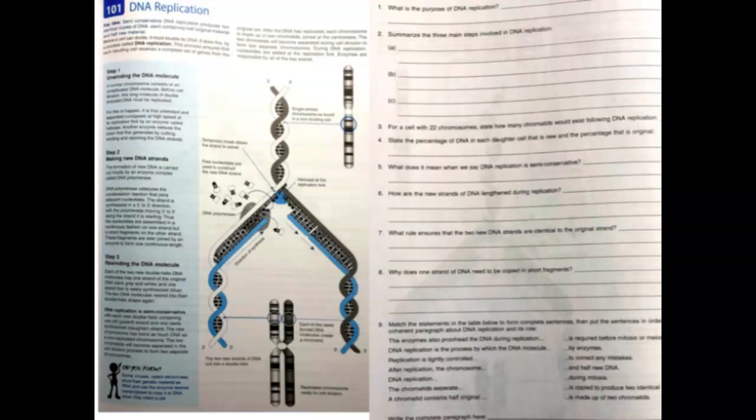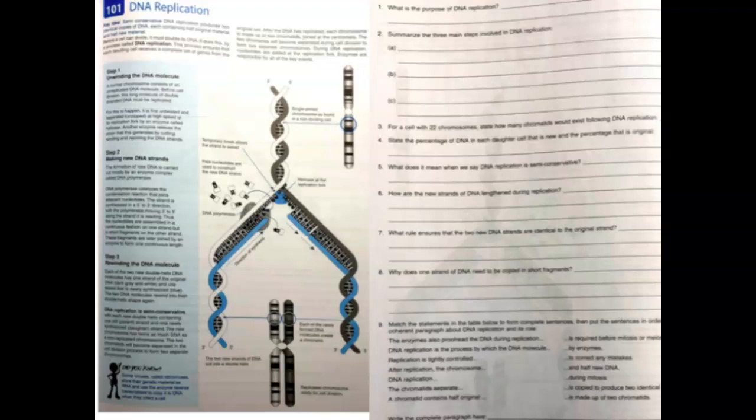It can't go backwards. So if you take a look at this diagram here, and you look at the strand that's dark gray, notice at the part that's been unzipped, that's the 5' in the dark gray strand, and DNA polymerase can't hook onto that 5' end and travel toward the 3' end. It can't move that way.